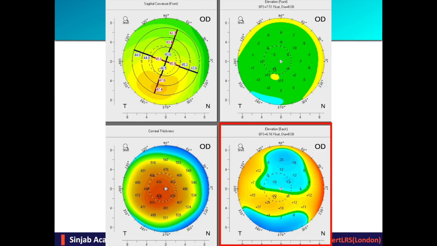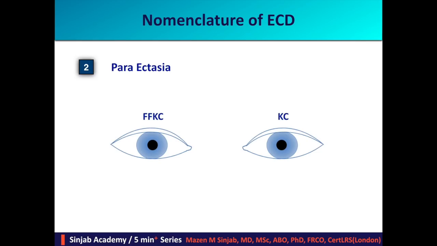Whenever we find an abnormality in one eye and the other eye has keratoconus, we call this form frost keratoconus. So, in form frost keratoconus, the other eye has keratoconus. In keratoconus suspect, the other eye is either normal or has an abnormality which is not an ectatic corneal disease. So, keratoconus suspect might be in both eyes.